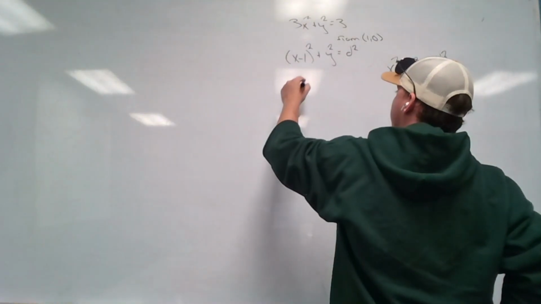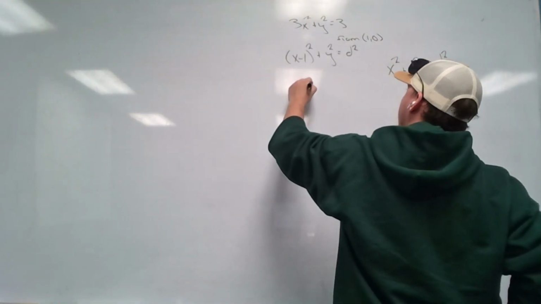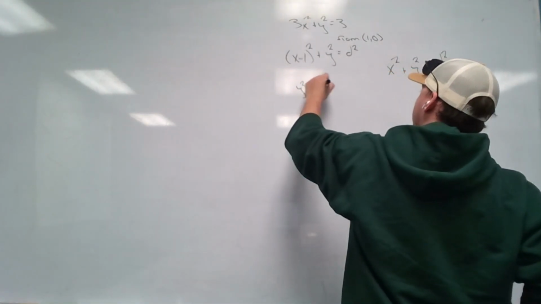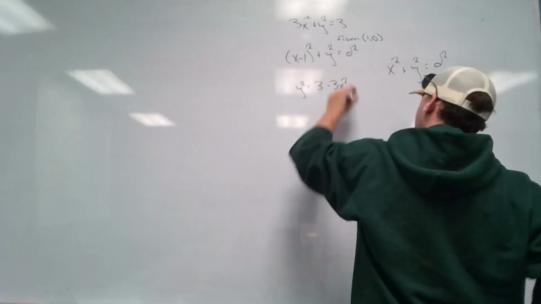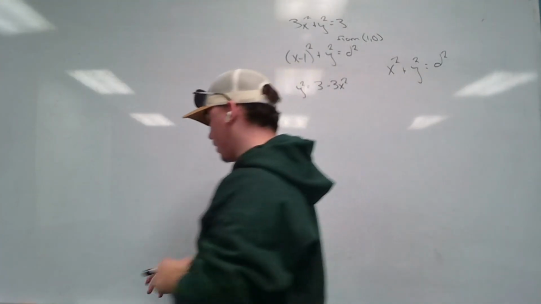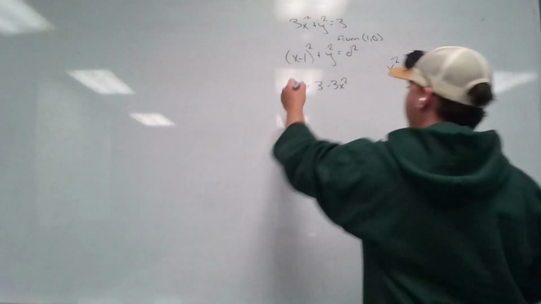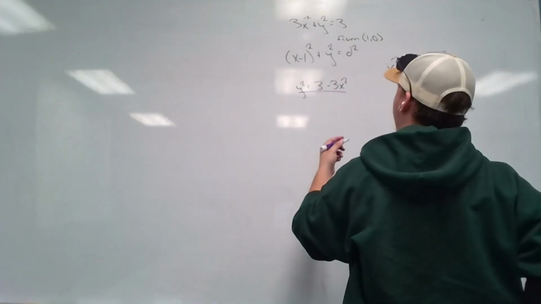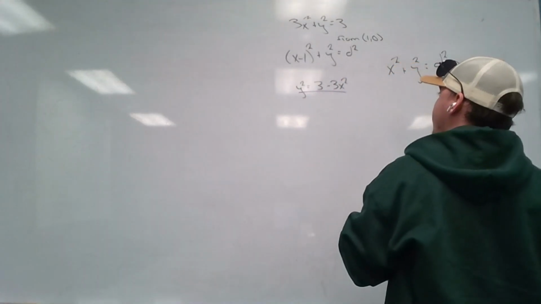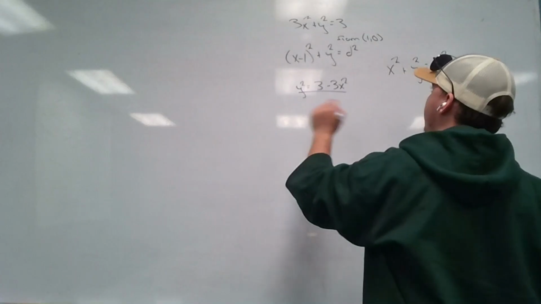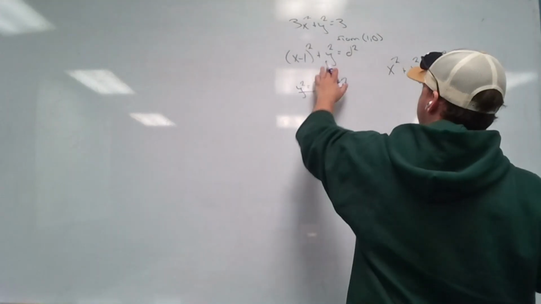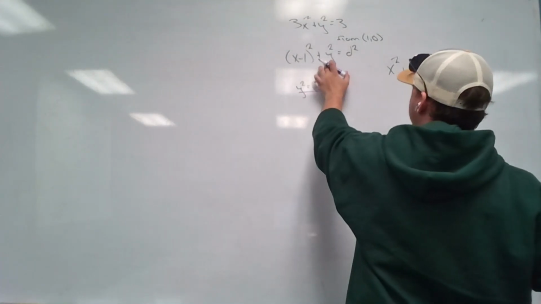So using the first one, y squared equals 3 minus 3x squared. Might as well change colors because I'm solving it now. Okay, now what do we have to do? We have to plug it into the distance equation, and luckily we don't have to do any squaring there.